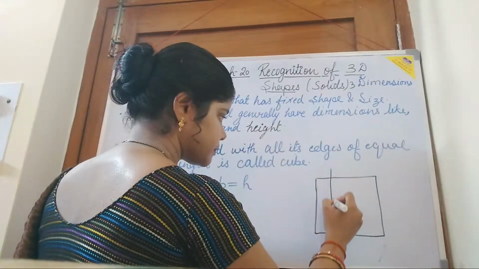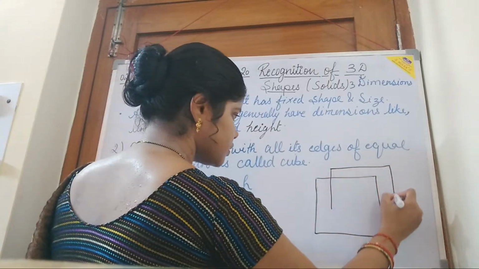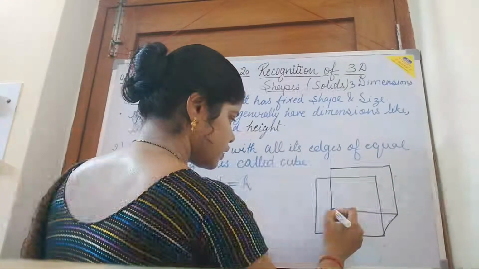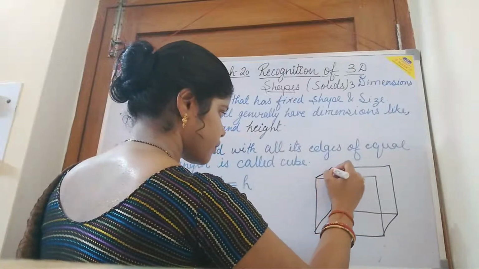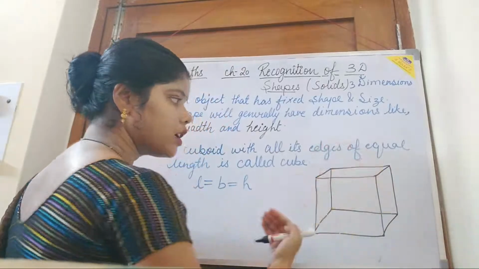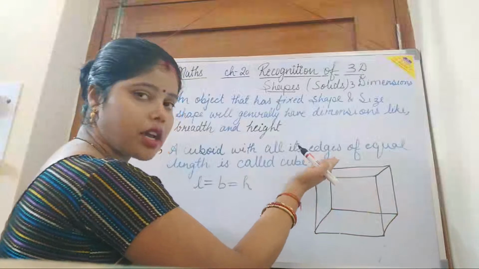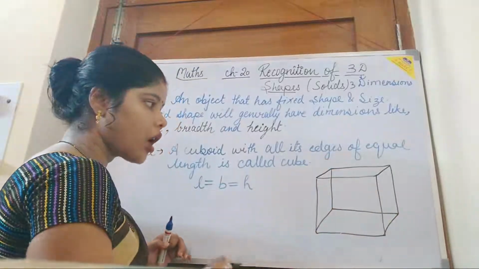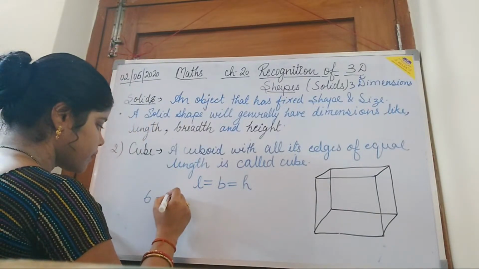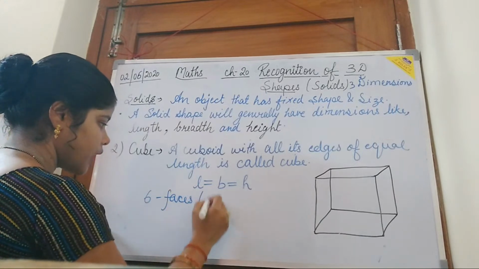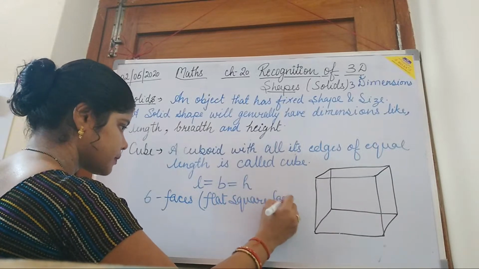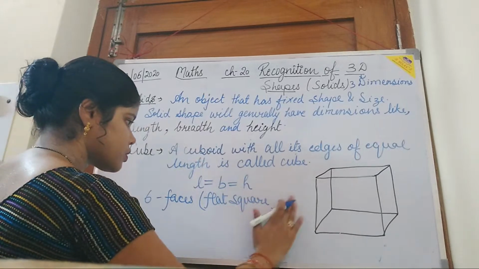One face, 2, this one forms 3, 4, and one upward and one back: 2 side faces, one on top and a second at the bottom. So how many faces? 6 faces. In a cube also we have 6 faces, and here they are flat square surfaces.